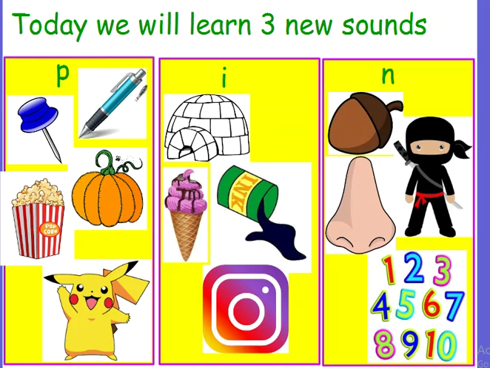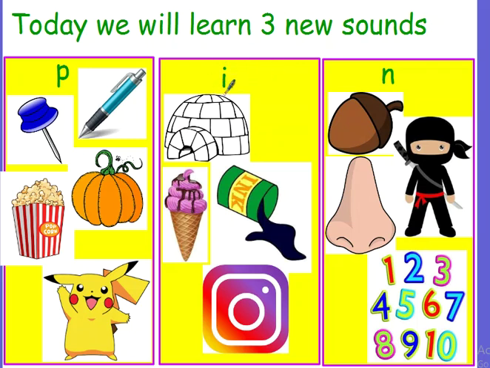We have pen, we have pin, we have pumpkin, we have popcorn, and we have Pikachu or Pokemon. I hope you said all of those words and see the P sound is at the beginning of all of them. All right, moving on to I.